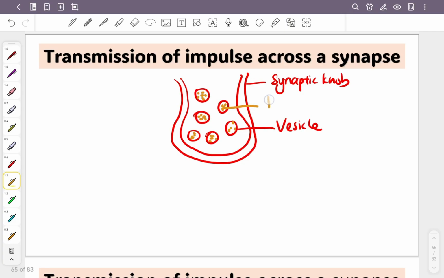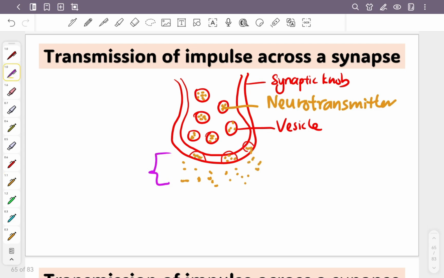It looks like this. Okay, some of the vesicles will fuse with the membrane and become like this. Once they fuse with the membrane, the bag opens. So some of the neurotransmitter will be released into the synaptic cleft. This part is called the synaptic cleft.